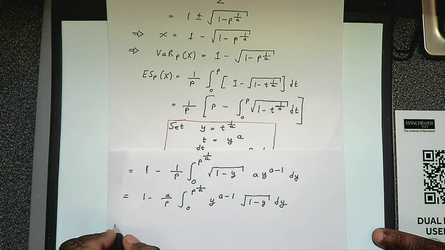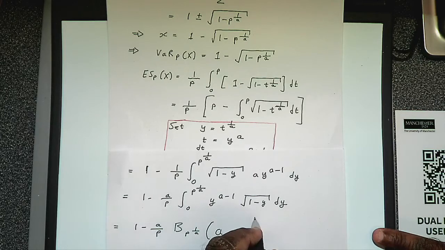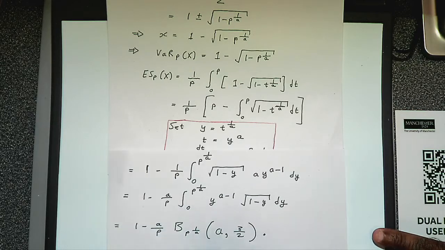So this you can write as 1 minus the incomplete beta function, where your alpha is a and your beta will be 3 over 2. Okay, so this gives the formula for the expected shortfall for the last example.